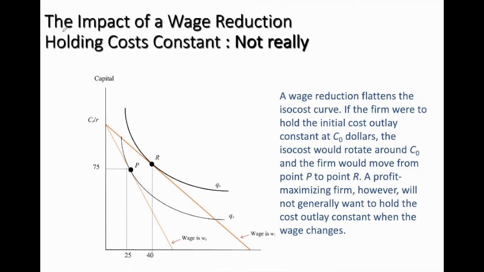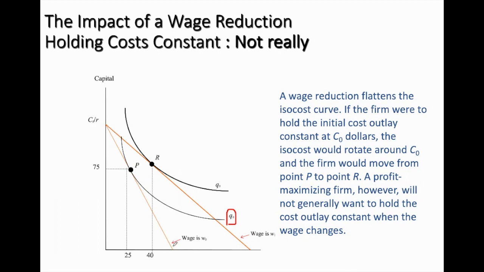Moving on, this diagram shows the impact of a wage reduction holding cost constant, which is not really the case most of the time in reality. Let's look at this diagram and say Q0 is the initial level of output produced, as indicated by this isoquant.